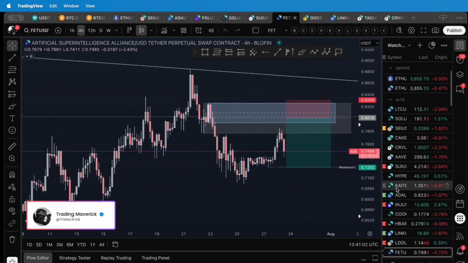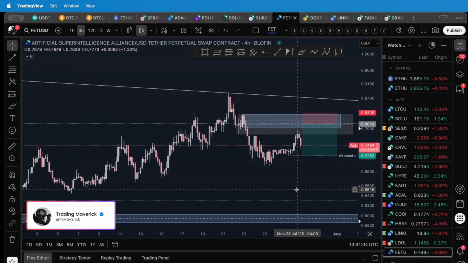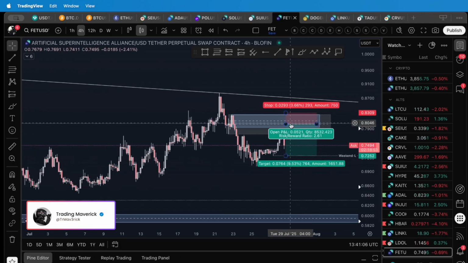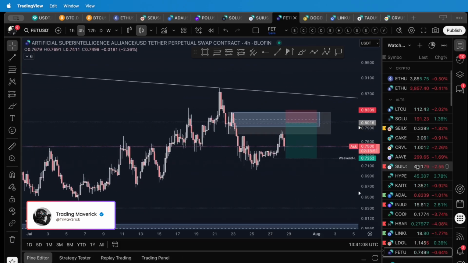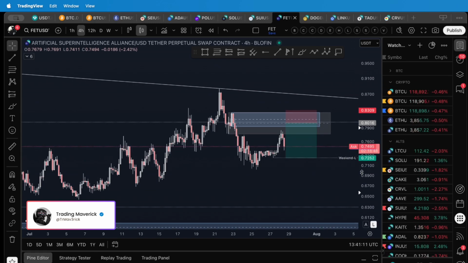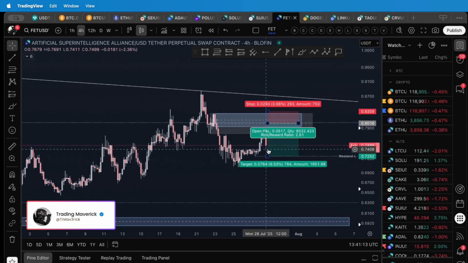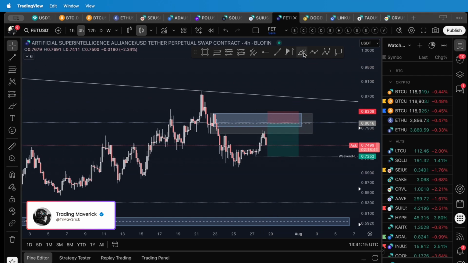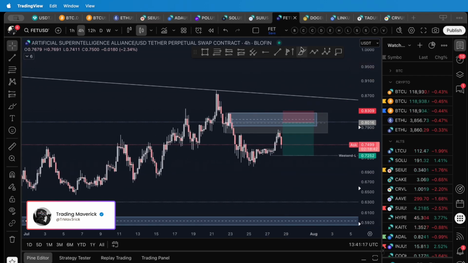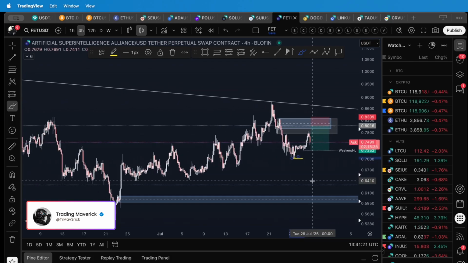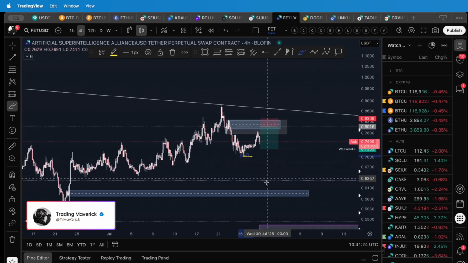Yeah, I was also looking at FET. But for shorts, looks like we're not getting filled, or probably it is going to take out weekend lows, maybe a sweep of these lows, and I don't know actually how low this can go.